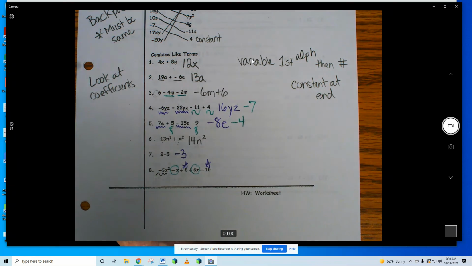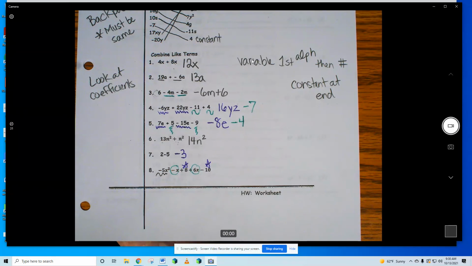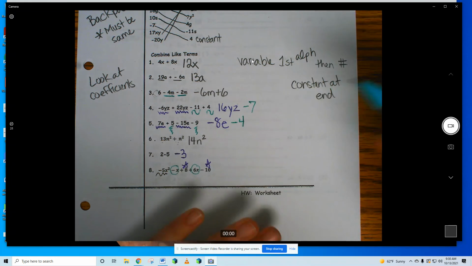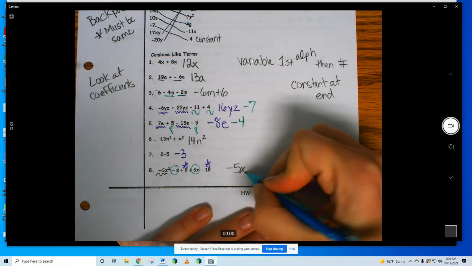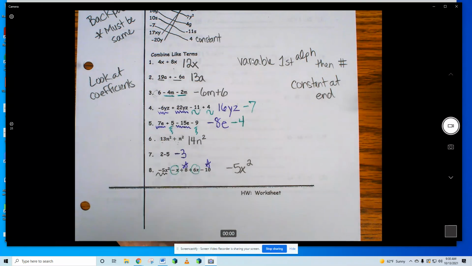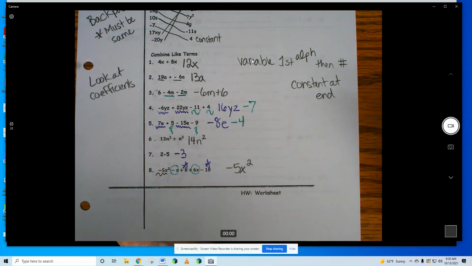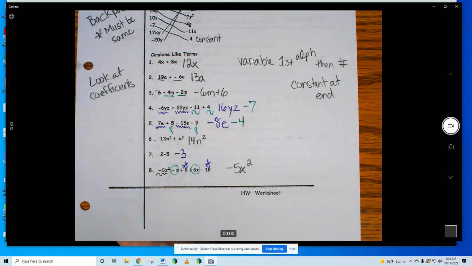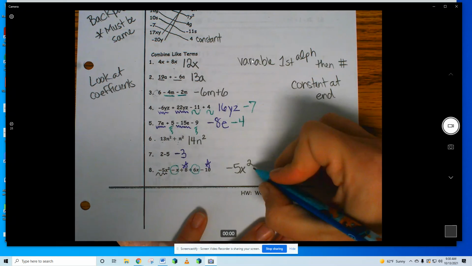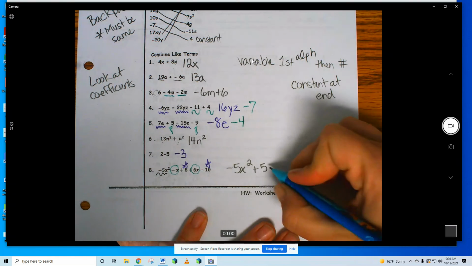All right, give me an answer, somebody. Someone new. Negative 5x squared is the leader because it has the squared, which is like way more important than just an x. Then what? Plus 5x. Yep. Negative x plus 6.